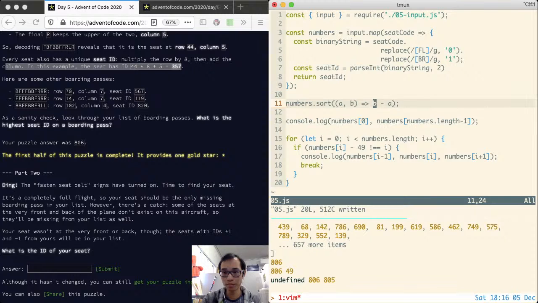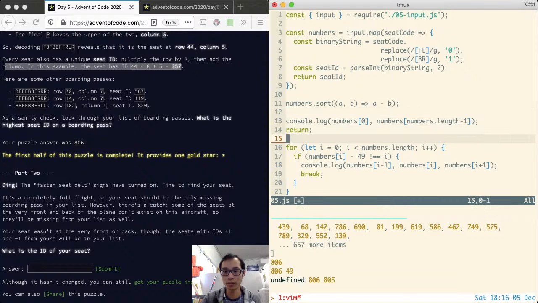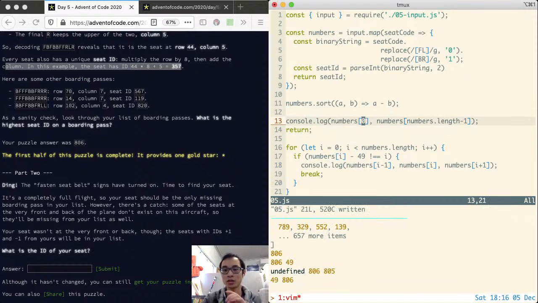But if we do it this way around, so we now have 0 is our smallest number, right? But the problem tells us that all the numbers are consecutive except for my seat, which is the missing one. Now I don't know what an efficient way to do that is, but what I decided to do was I'm just going to start from the first number.